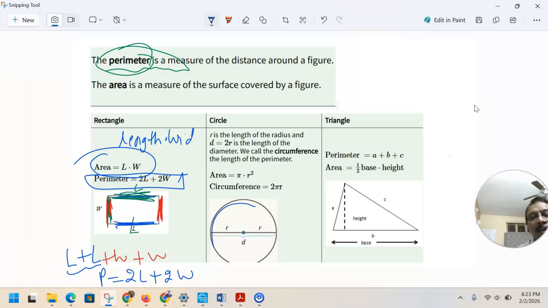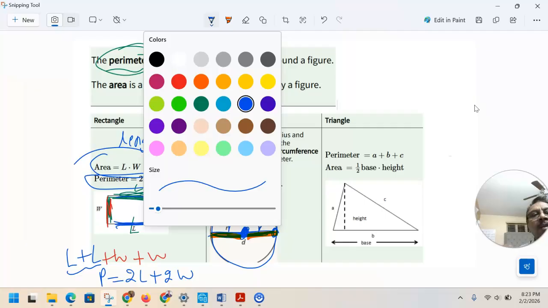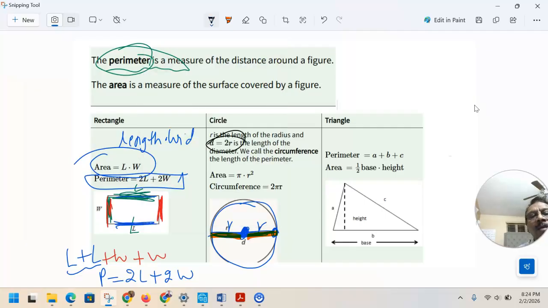Regarding the circle, the diameter is the longest chord, but this long chord has two radii. So from the center to the end point, this is the radius. So this is one radius, this is another radius. In other words, the diameter is 2 times the radius.